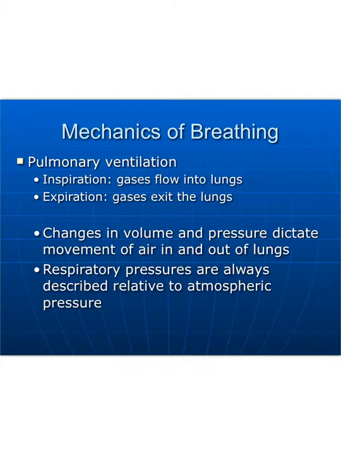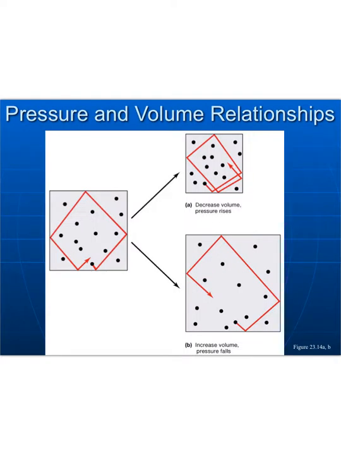Okay, so we're going to describe the pressure inside of our lungs in comparison to what we call the atmospheric pressure, which is the pressure of gases in the environment, the air around us. This is a very simple representation showing that when the lungs are smaller, the gas molecules inside the lungs are going to hit the sides of the wall and each other more.